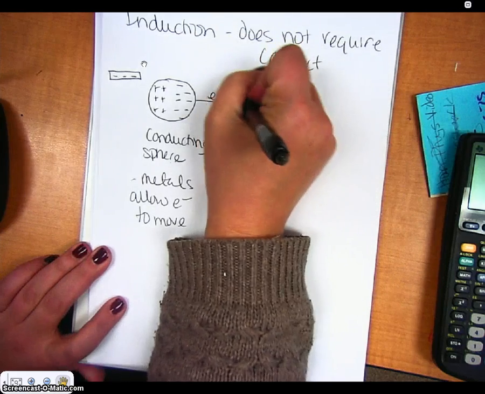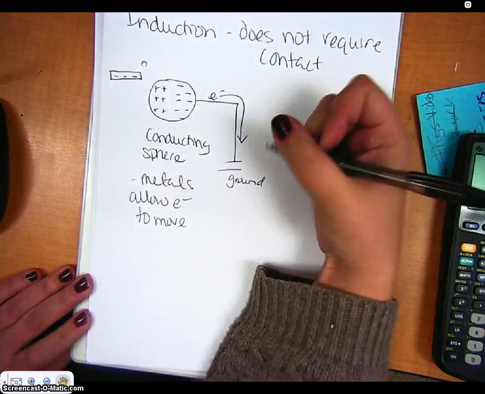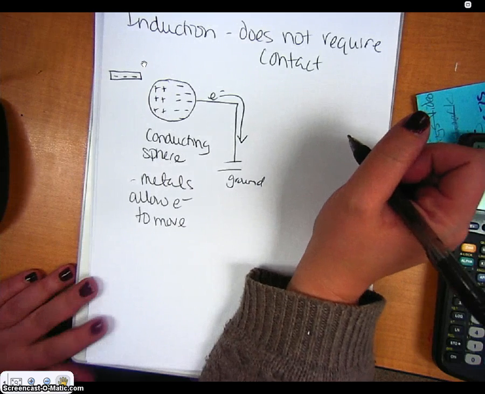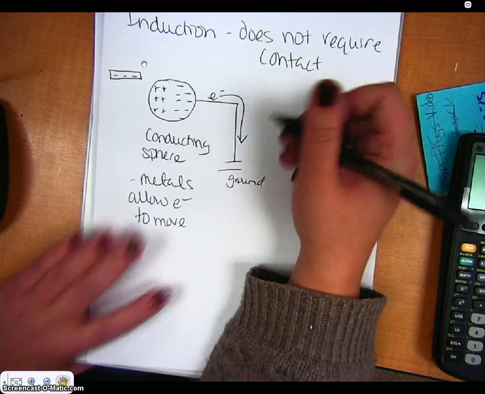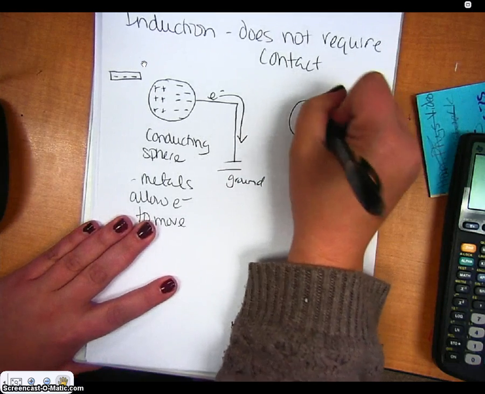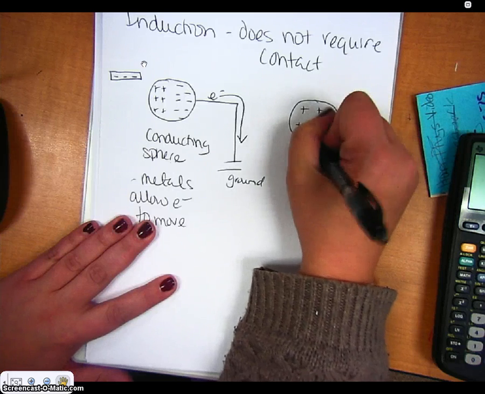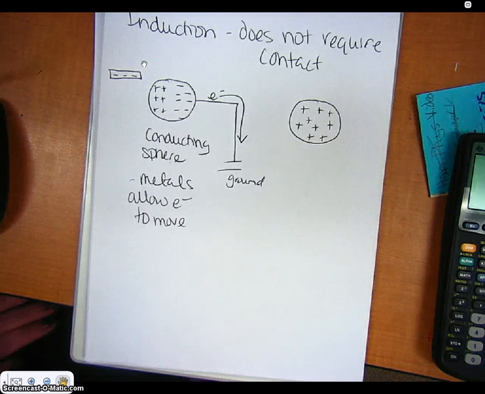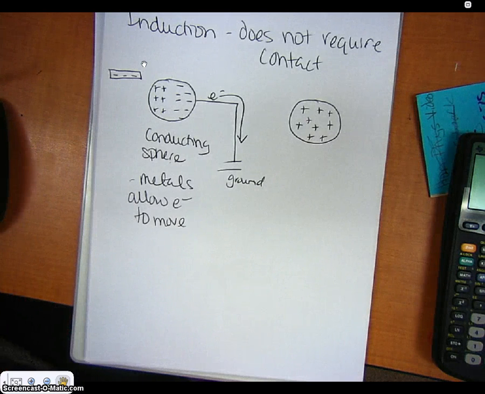They're going to rush off of the piece of metal and spread themselves out across the surface of the earth, or whatever you're touching here. When the electrons leave, you are left with a sphere that will have a total net positive charge. So that's an example of charging by induction.